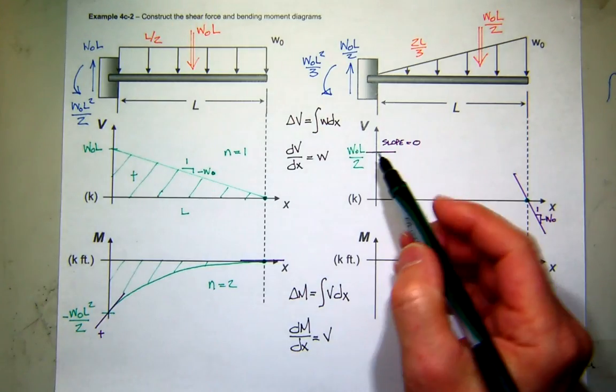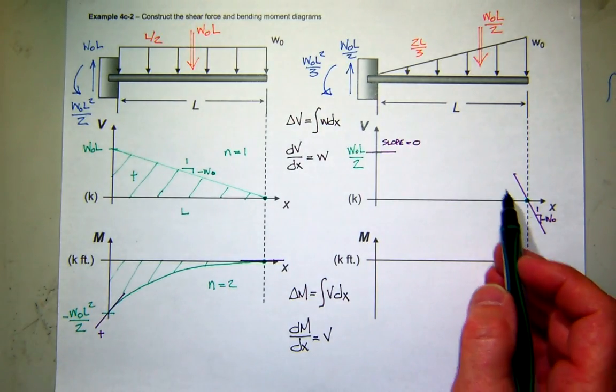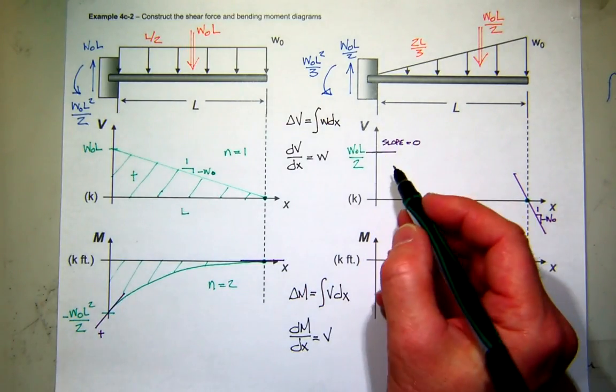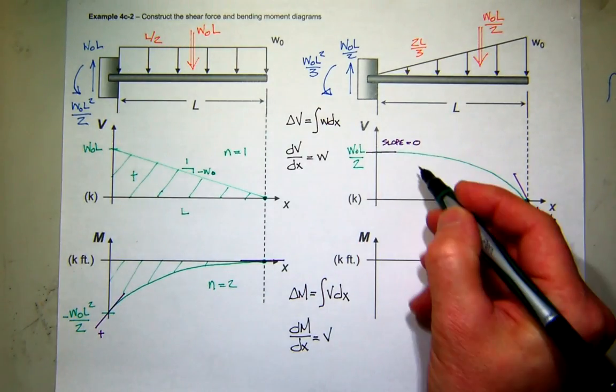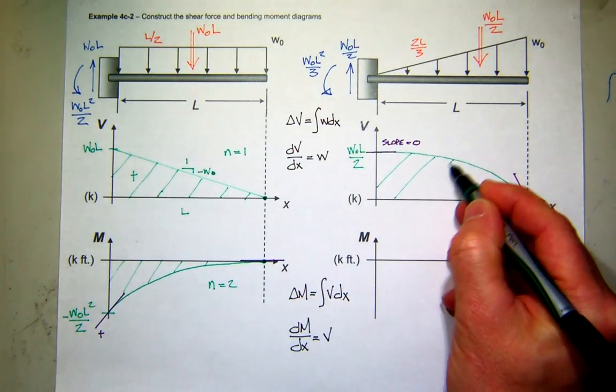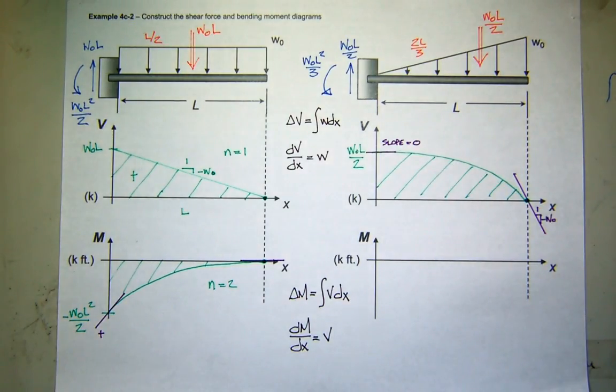So even though I don't know exactly how the curve behaves, I do know its qualitative shape. It's going to look something like that. So there's the variation of my shear. Again, as a structural engineer, all I care about is where's the maximum shear.